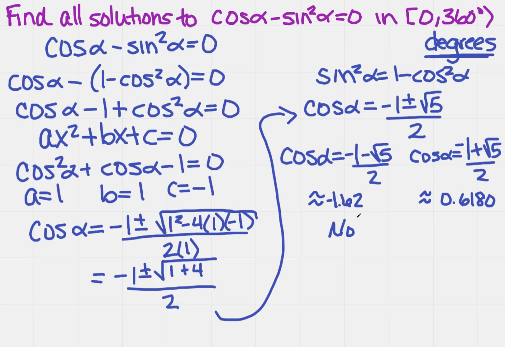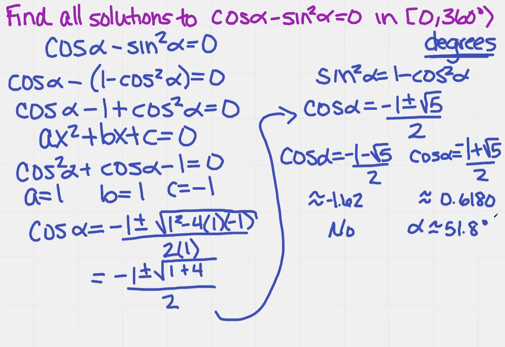Now when I plug 0.6180 back into the original and solve for alpha, I get approximately 51.8 degrees. Now, is that the only value? Is that the sole answer? Well, I'm going from 0 to 360, so if I'm going all the way around the circle, there's a good chance that there's another option.